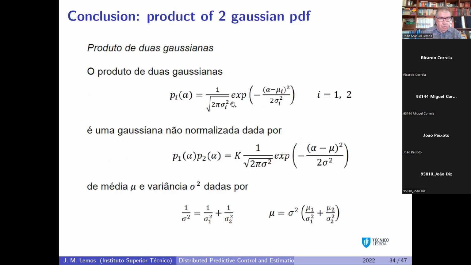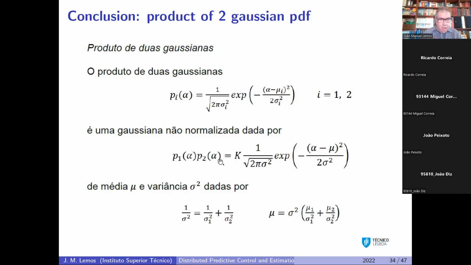Suppose that you have two Gaussian functions, and I'm considering the scalar case for simplicity. So you have two densities for i equal to 1 and 2, with mu1 and mu2 and sigma1 and sigma2. mu1 and mu2 are the means, and sigma1 and sigma2 are the covariances. If you do the product of these two Gaussians, you get a non-normalized function.